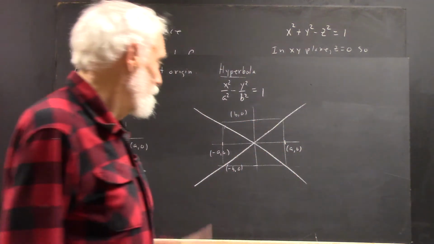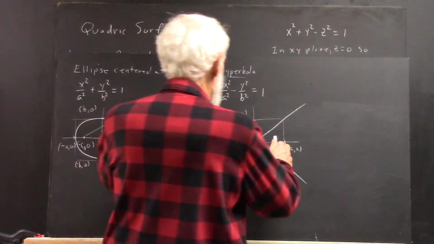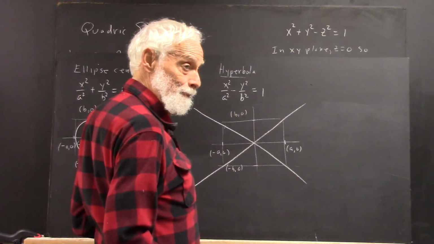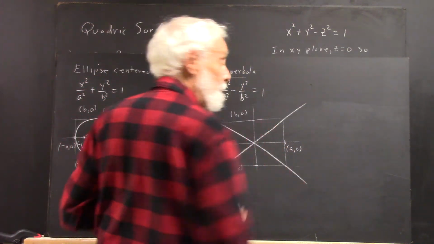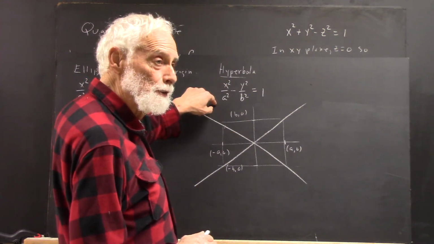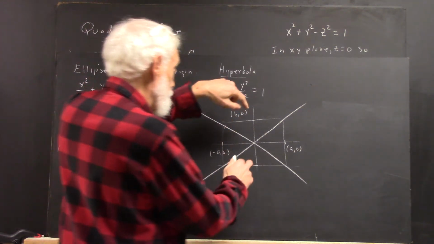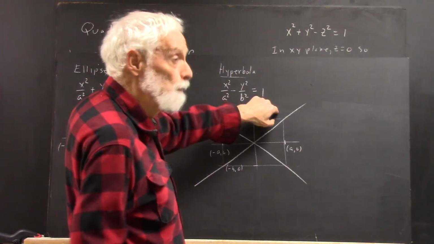Okay. Well, you can reason this out pretty easily too. There are your asymptotes. Your vertices are either here and here or here and here. In this case, they've got to be here and here. Okay? Because if y equals 0, x equals plus or minus a. If you thought they were here and here, you would have x equal to 0, and you'd have a negative equal to 1.